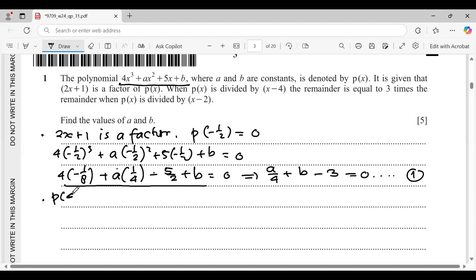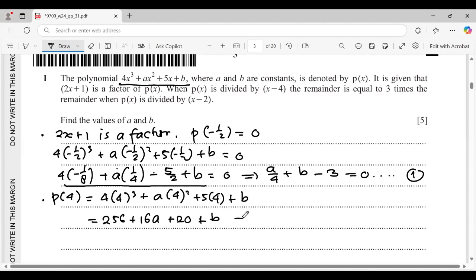So P(4) means 4 times 4 cubed plus a times 4 squared, 5 times 4 plus b. So it is 256 plus 16a plus 20 plus b, and it is 276 plus 16a plus b.